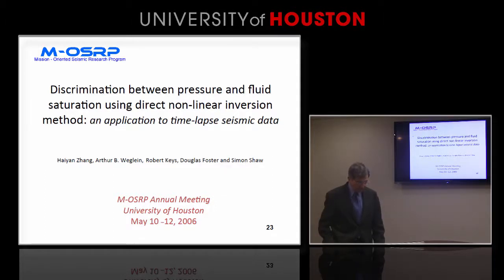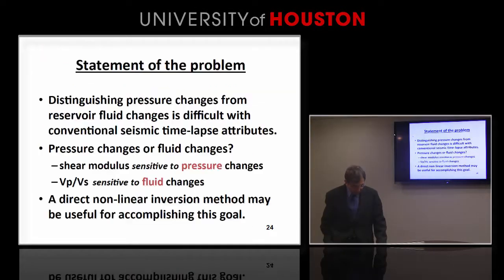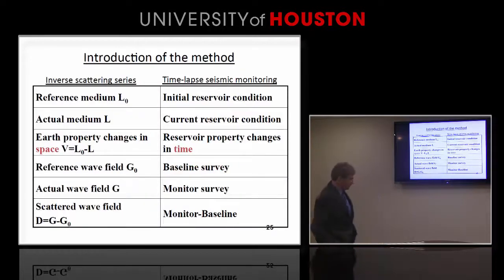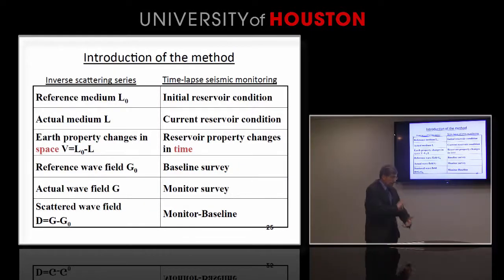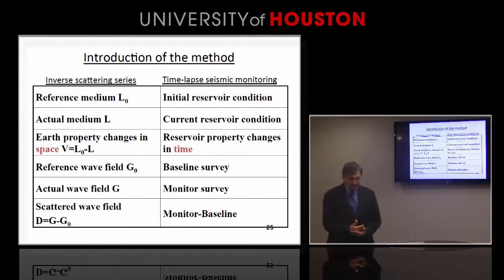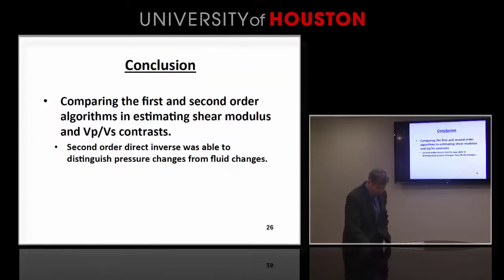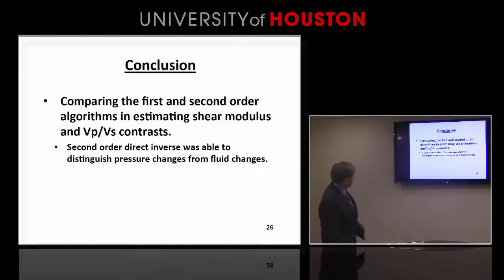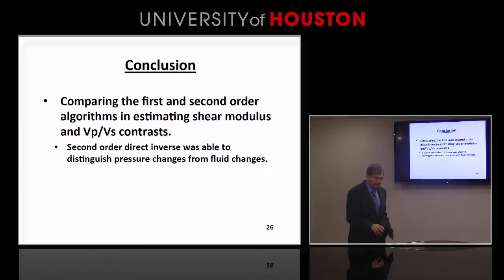She was able to discriminate between pressure and fluid saturation differences using a direct nonlinear inverse from the inverse scattering series, where the differences V were not the difference between a reference and actual medium at one time, but the difference in the reservoir from one time to another. And she was able to produce a distinction between those two quantities, fluid and pressure, that linear methods that were available at that time within conical fields were unable to distinguish.